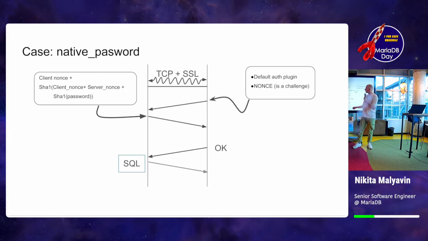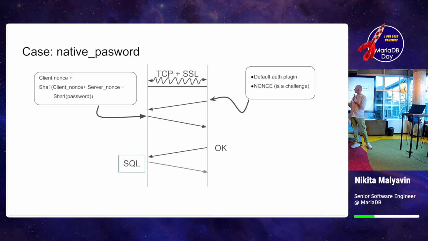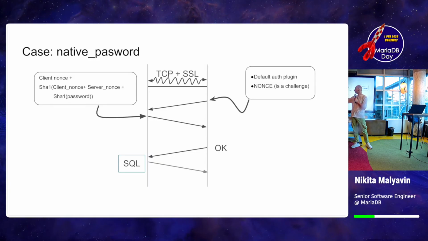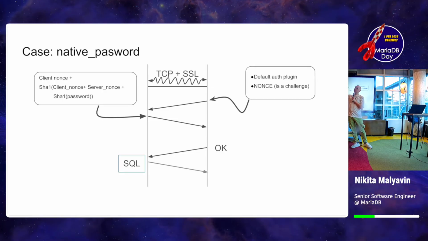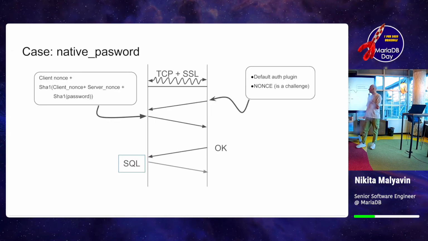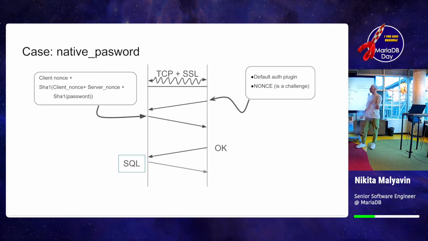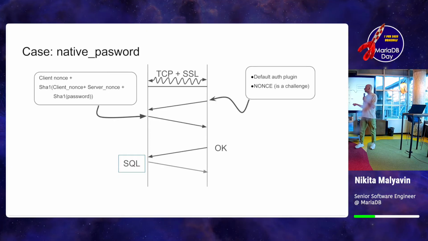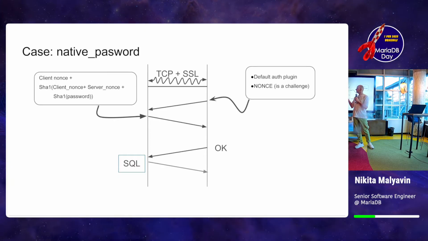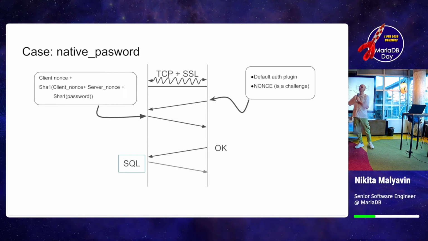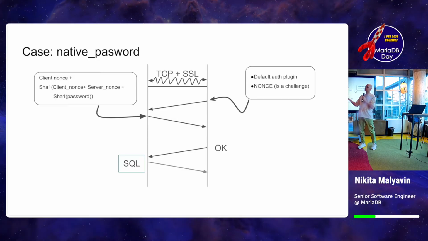The good thing is that these 2 plugins, both native and old, use both a server nonce and a client nonce to generate the challenge response. So native password on the client side also generates its own nonce. So there are 2 nonces, 1 client and 1 server.